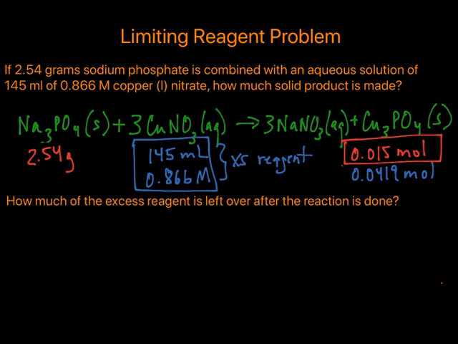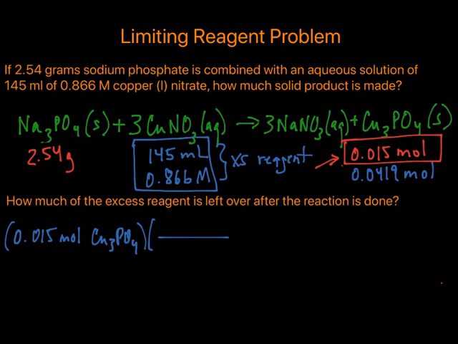First of all, we have to figure out how much copper nitrate was used in the reaction, so how much of the excess reagent was used. Knowing our amount of product, we can work it out this way. Since we know that 0.015 moles of copper phosphate is going to be produced, we can figure out how many moles of copper nitrate was used to make that.